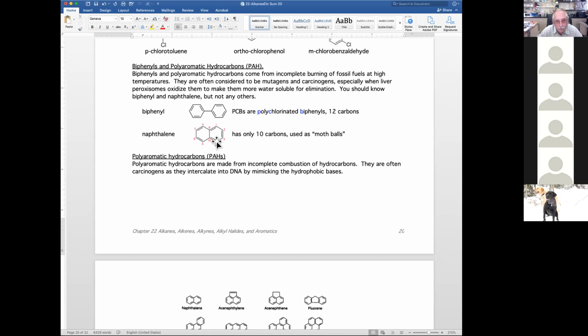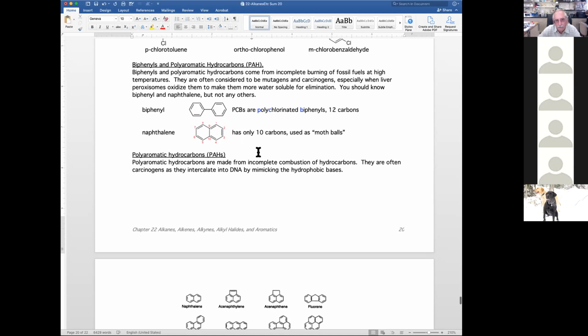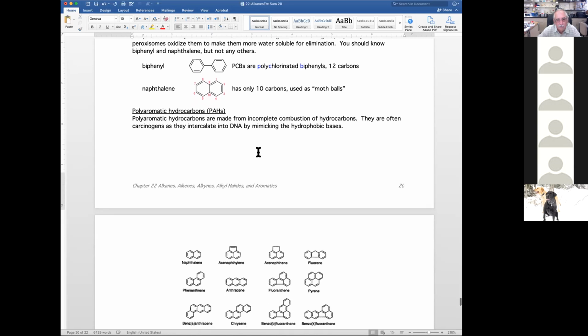And here's naphthalene. Notice that biphenyls are 2 separate benzene rings, where naphthalene is not. The rings are fused. You do not have 6 and 6, in other words, 12 carbons, you have only 10. And then we have the polyaromatic hydrocarbons.